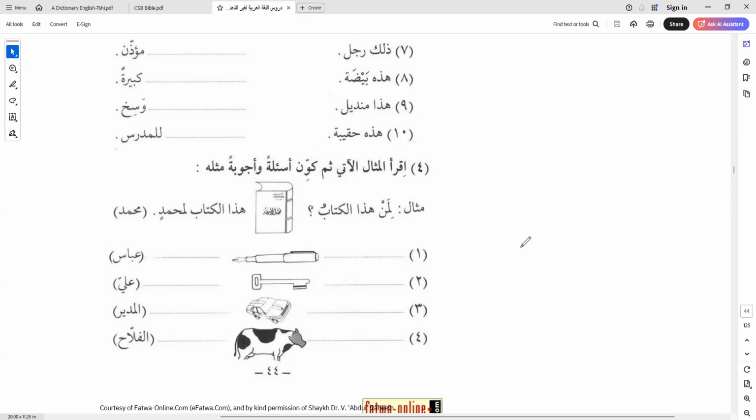Li man hadha al-kitabu. Whose book is this? That's the question. Whose book is this? So you can safely say that liman in Arabic means whose.